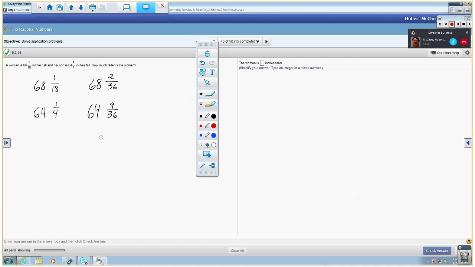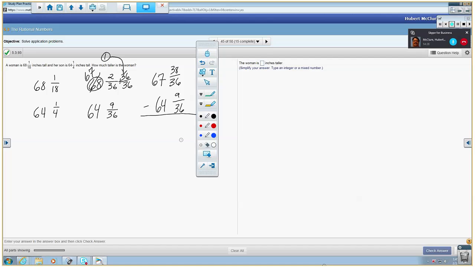So I'm going to borrow 1 from this 68, and I'm going to make that a 67. And I'm going to bring that 1 down as 36 over 36. So now my new problem is 67 and 38/36 minus 64 and 9/36.